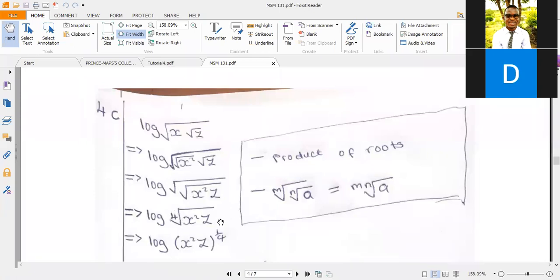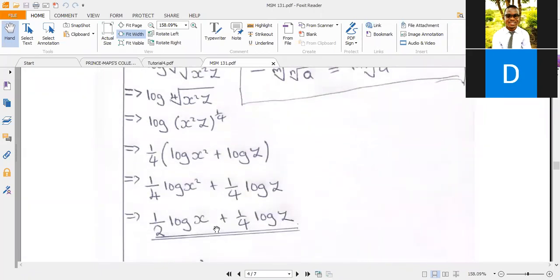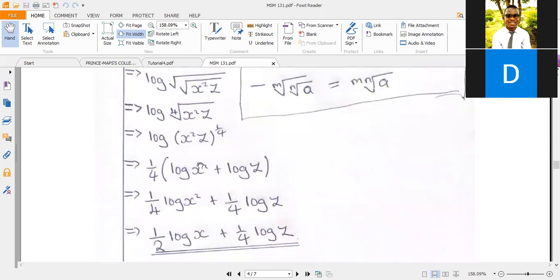The fourth root of x squared z. So the fourth root of x squared z is the same as log of x squared z to the power 1 over 4. Then we can drop this 1 over 4 behind the log and say 1 over 4 log x squared z.